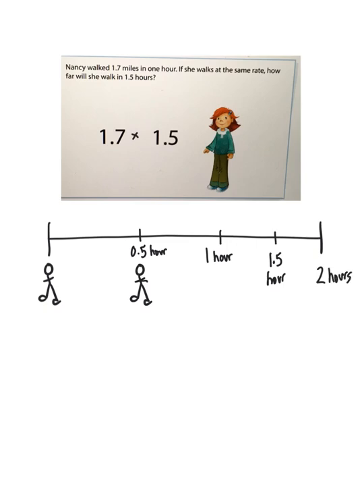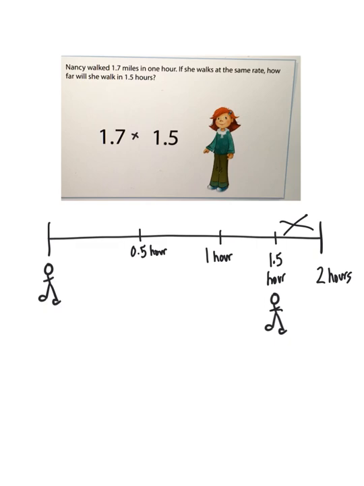Now we know that she never did this distance at all. She only walked for 1.5 hours. So she went from 0 hours to a half hour to an hour to 1.5 hours, and this is where she stopped. So let's think about this.